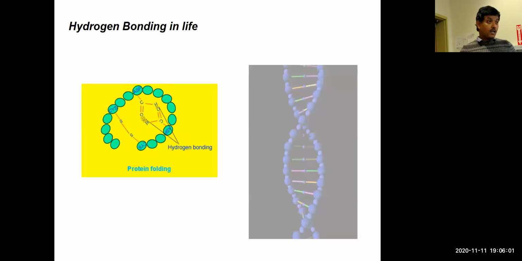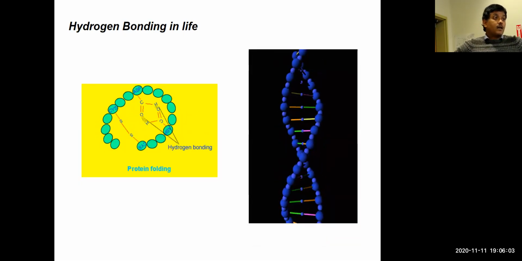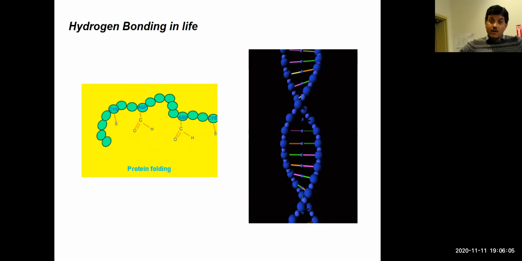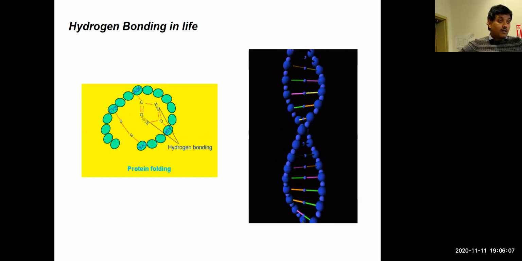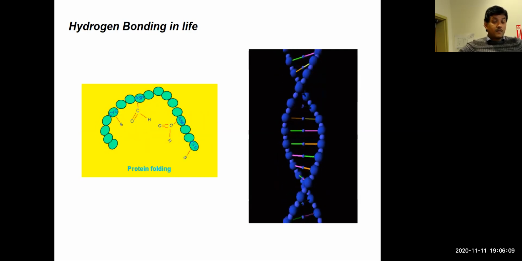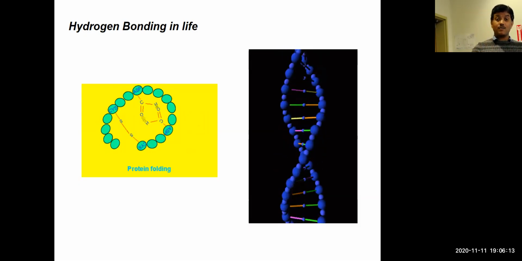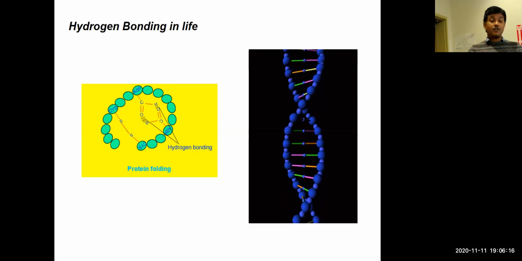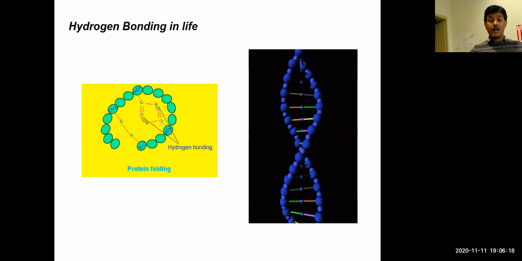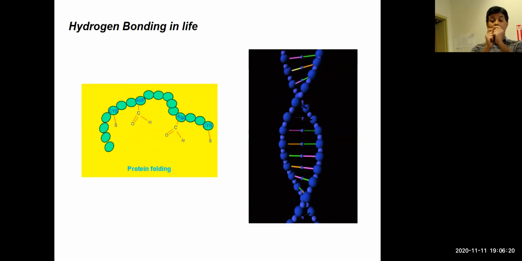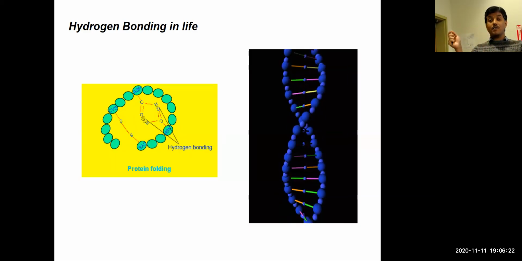And here's an example of a molecule of life, the DNA molecule that you're looking at on the right. Very popular, right? This helical structure is possible because of the hydrogen bonding between one strand of DNA and another strand of DNA. Otherwise, there is no chemical bond between them.